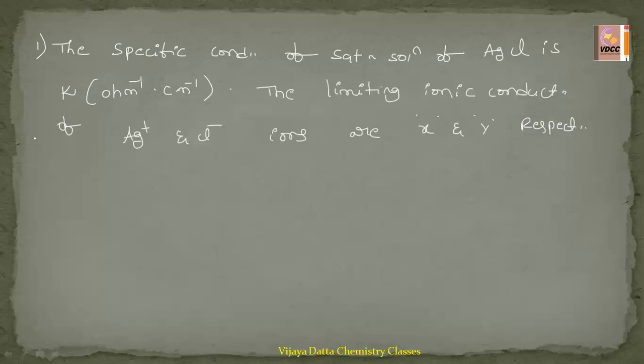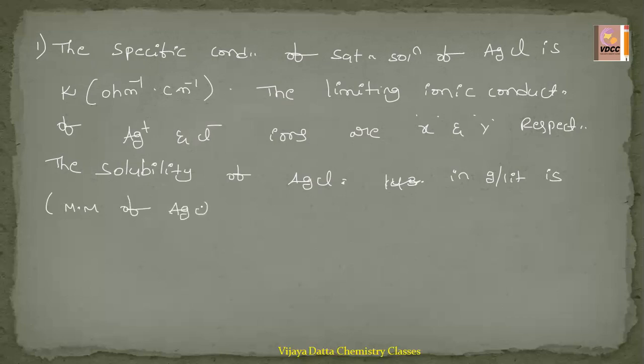The solubility of AgCl in gram per liter is what he is asking to calculate. In a box he has given the molar mass of AgCl equal to 143.5 grams per mole, and he gives the options.